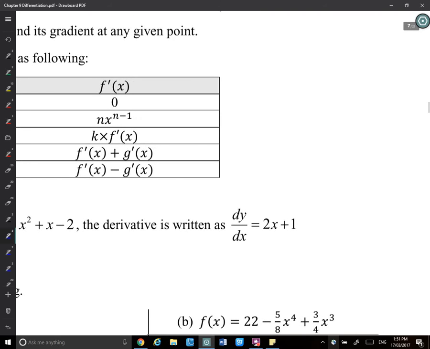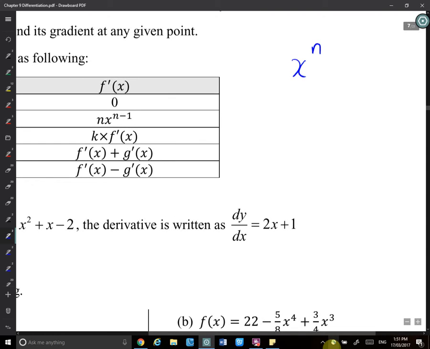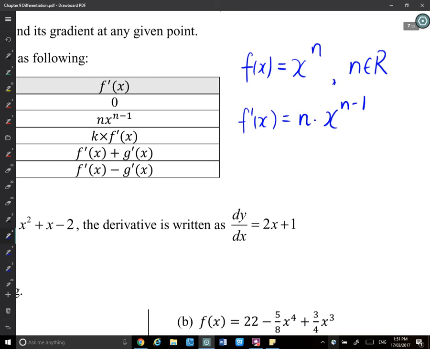What is f dash x? F dash x is n times x to the power of n minus 1. You multiply by the power in front and the power is reduced by 1.